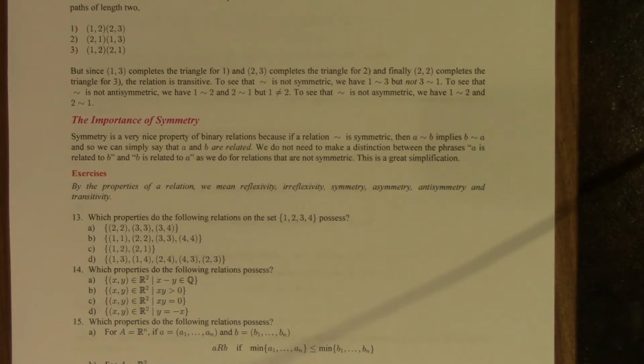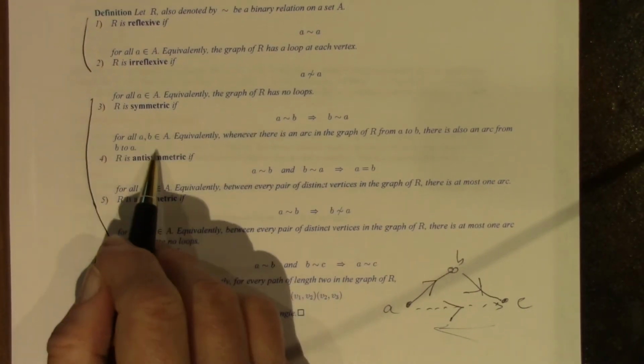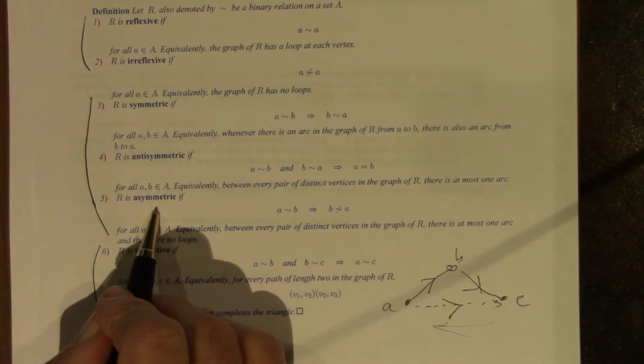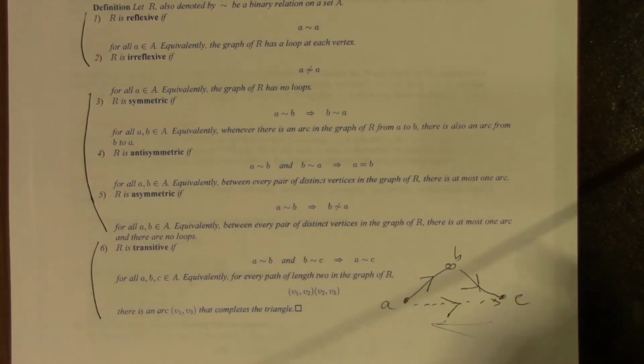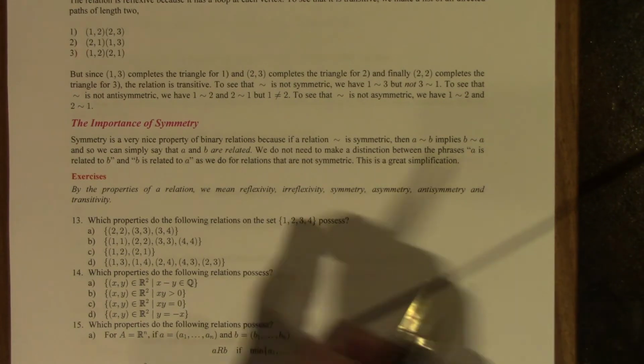I know that's a bummer, but it has to be done. I guess the most trouble you'll have is remembering these 3, especially the difference between anti-symmetry and asymmetry. But we all have to do it. I had to do it too.